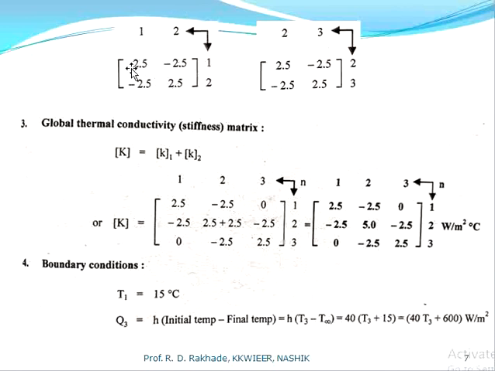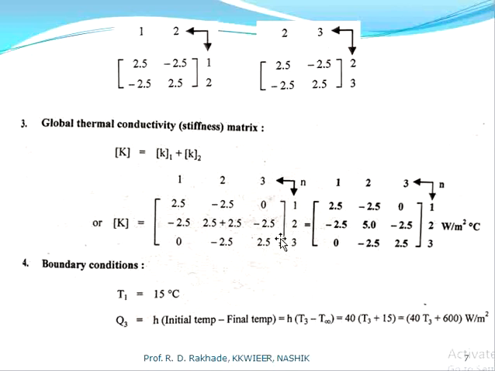So similarly, other values are put at their respective positions in the global stiffness matrix. On position 2 2 there are two values, from matrix 1 and matrix 2: 2 2 is 2.5 and 2 2 is 2.5. That's why there are two values, 2.5 and 2.5.